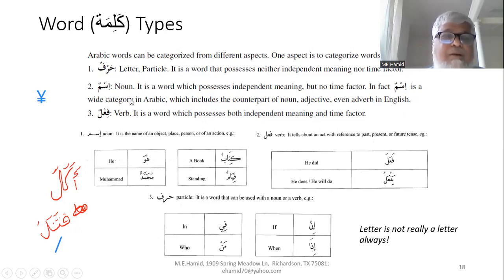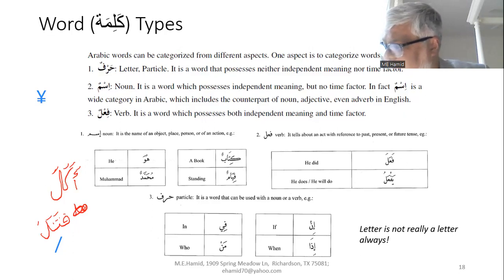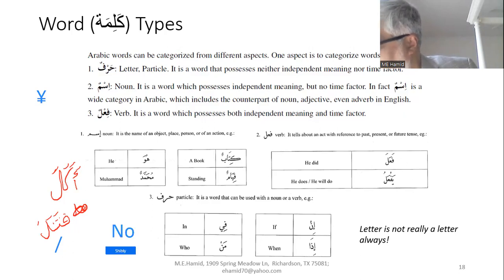Out of the noun and harf, the things that have independent meaning go to ism, but some words will not have independent meaning. Like if I use a word like "in", or Arabic fee.